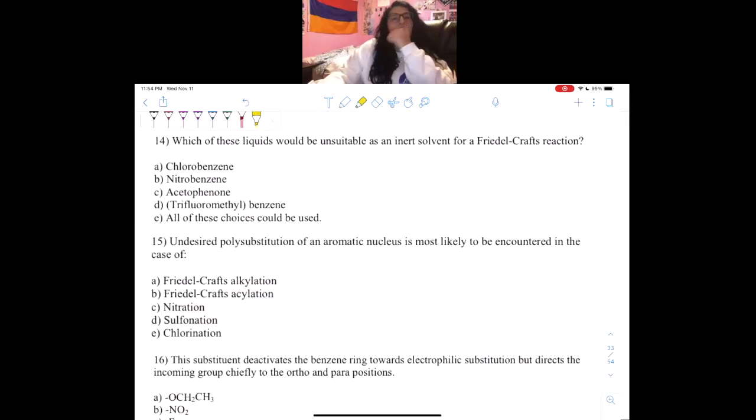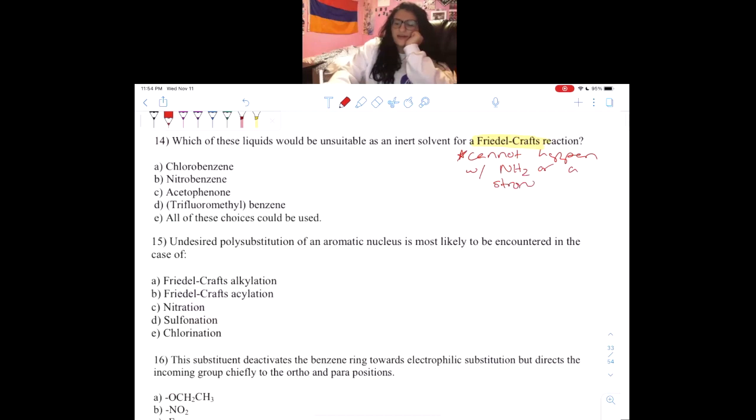Next up, another concept, but this one is specifically about Friedel-Crafts. So just as a reminder before we do this question, we know that Friedel-Crafts cannot happen with NH2 or a strong deactivator. I know that's really sloppy, but I'll read it out loud. Cannot happen with NH2 or a strong deactivator.